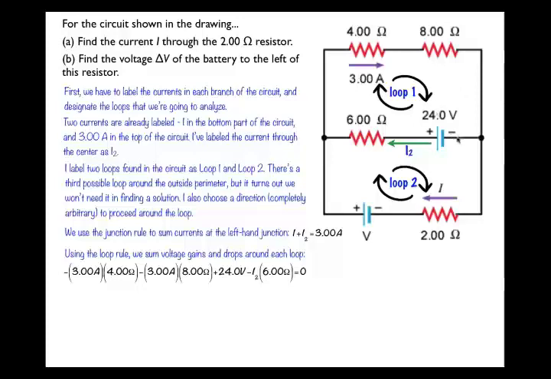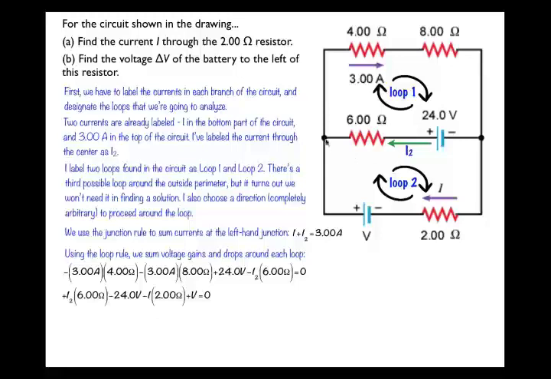I'm moving through the battery from the negative side to the positive side, so that's an increase in electric potential of 24 volts, so plus 24 volts. And then I move through the 6 ohm resistor with the current I2, so that would be a drop in electric potential, minus I2 times the 6 ohms. I get back to where I started, and the sum of the gains and the drops has to sum up to 0.